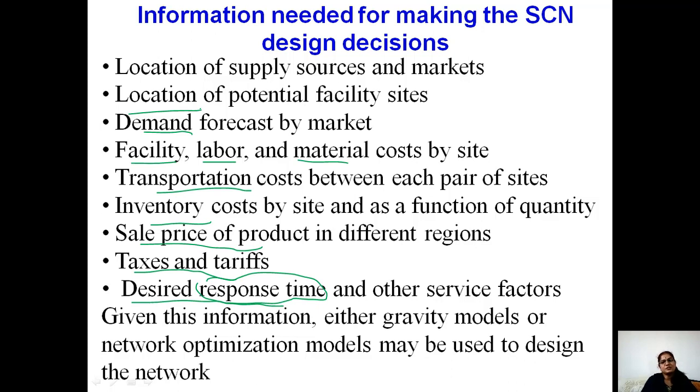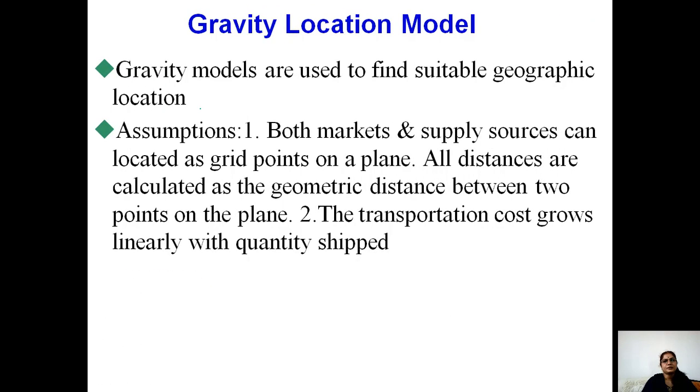Once this information is ready, either gravity models or network optimization models may be used appropriately. So let us see which one to use when. The first one is the gravity location model. Gravity models are used to find a suitable geographic location. The gravity method is adopted, so that is why the name gravity location model.